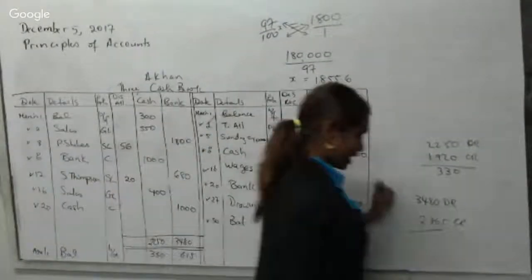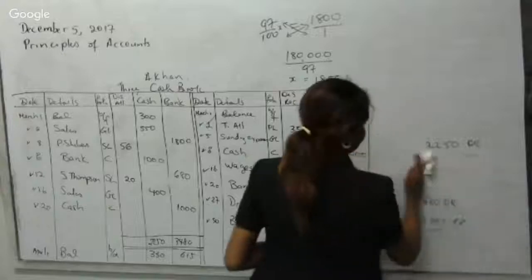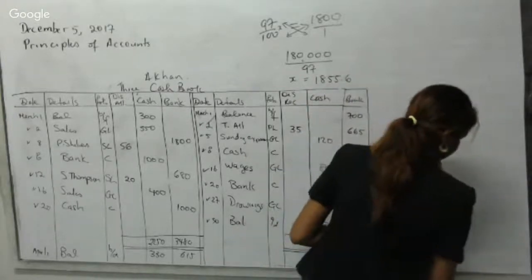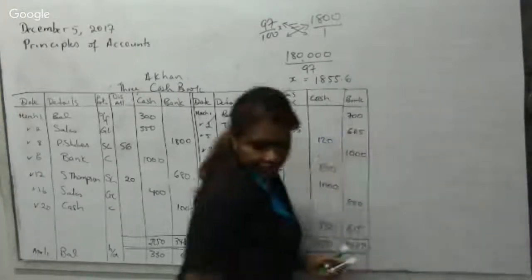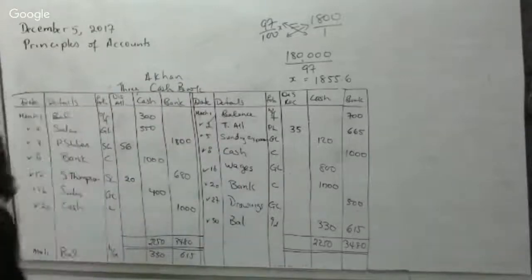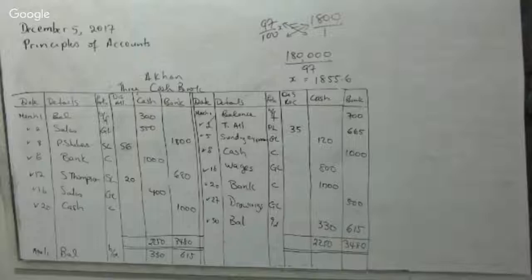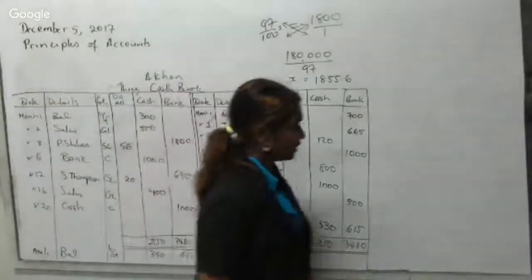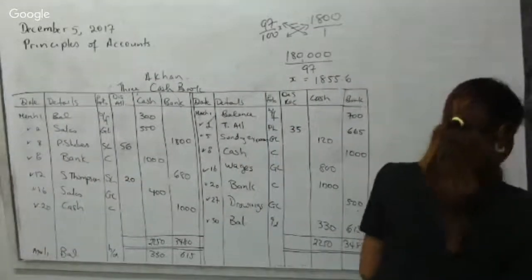It says update the cash book starting with the closing balance in this cash book from A above. So if you find a wrong figure yourself, the same wrong figure you carry.